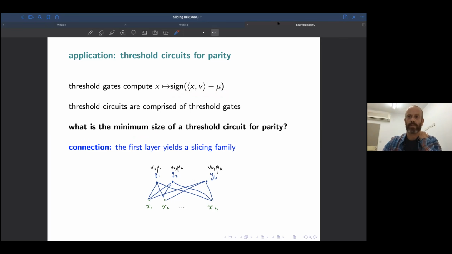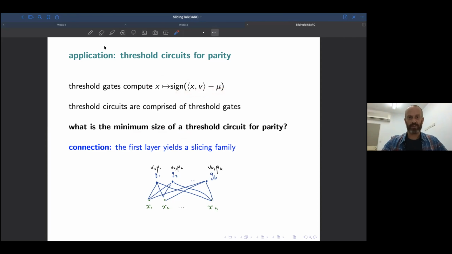So it's a very basic question, but parity is about finite fields, it's an addition over a finite field, and such a circuit operates naturally in Euclidean space. So it's a simple question that relates Euclidean space and finite fields. And we don't know the answer to this question.